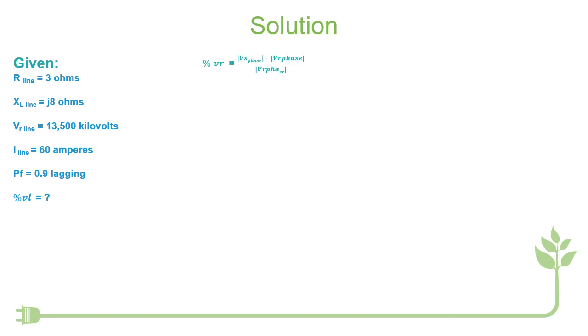By substituting the values in this formula, we will have 8,173.117, which is the voltage sending phase, minus 7,794.228 all over 7,794.228. We get the 7,794.228 from the VR line 13,500 all over square root of 3.